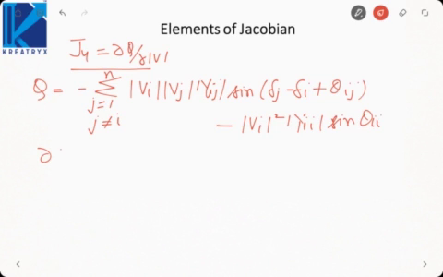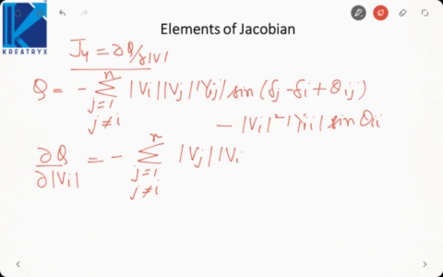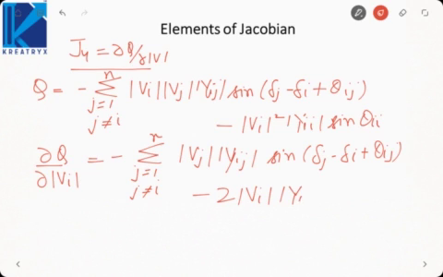Now if we want to find the diagonal element ∂Q/∂|Vi|, then it will be minus summation j equals 1 to n, j not equal to i, |Vj||Yij| sin(δj − δi + θij) minus 2|Vi||Yii| sin(θii). Now this term appears like the initial term, but here one voltage is missing.